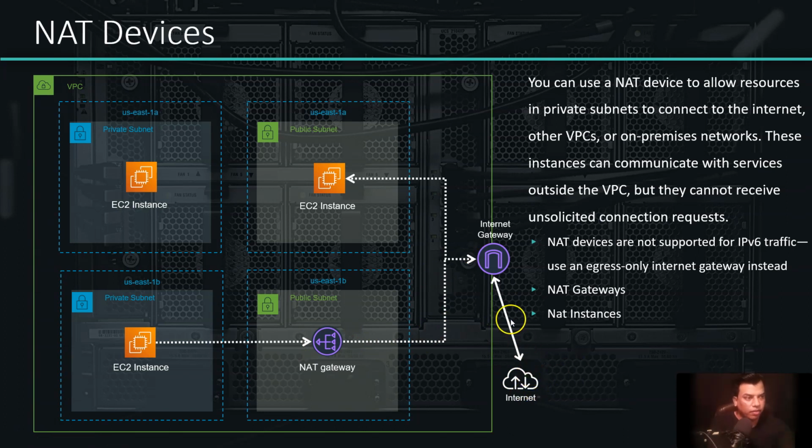And similarly, when the response to the request is received by the NAT gateway, it replaces the IP address with the address of the source that requested, and then it transfers that response back to the source. So this is how a NAT gateway basically works, and that's the function that defines it, which is the network address translation.